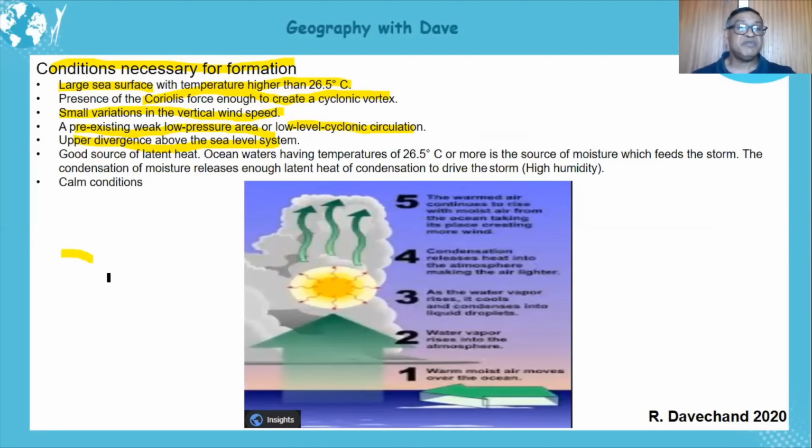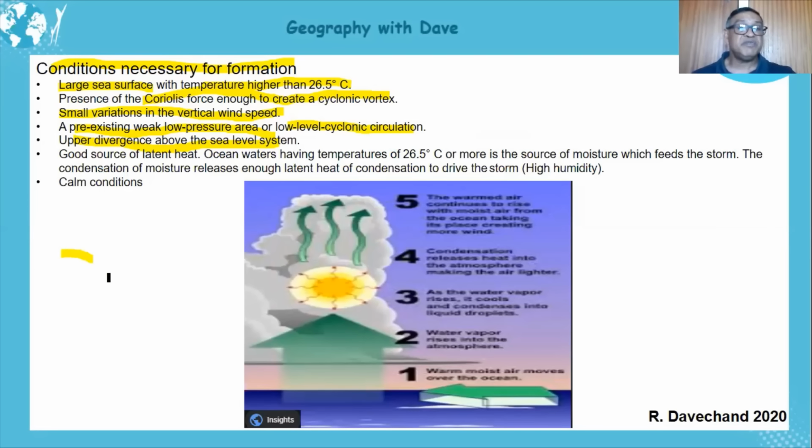There's a low pressure and air is rising in the center from that low pressure. And we do need upper air divergence also, because if it doesn't happen, we're going to find more and more air is going to come in here, and this low pressure is not going to develop very well.